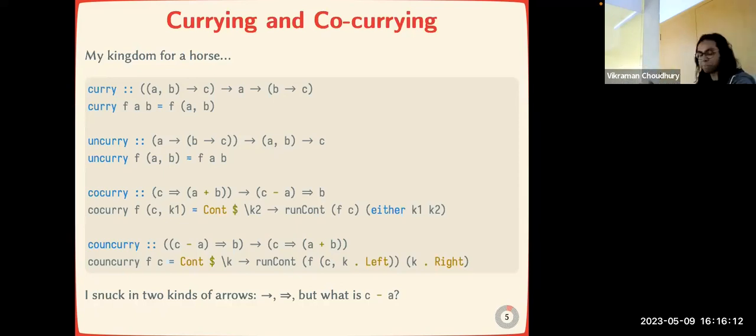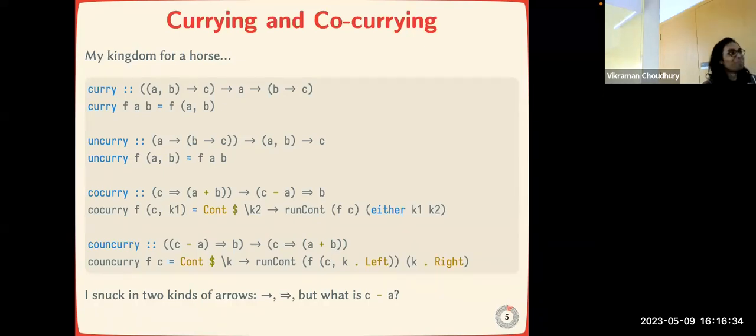This is a real Haskell program. It looks mysterious because I haven't told you what the subtraction is. So the point of my talk is to tell you how to build subtraction. Let me tell you that step by step. This double arrow is not the existing double arrow.